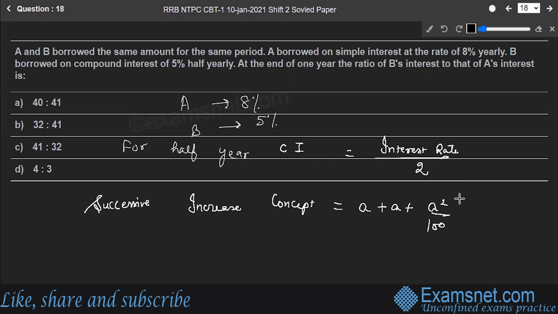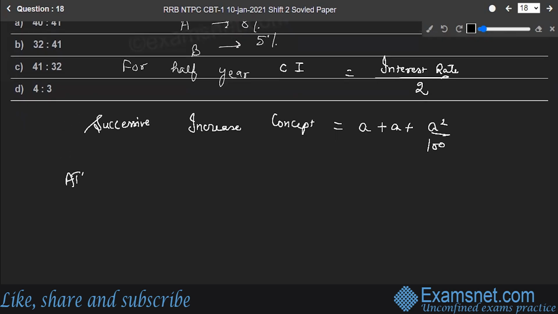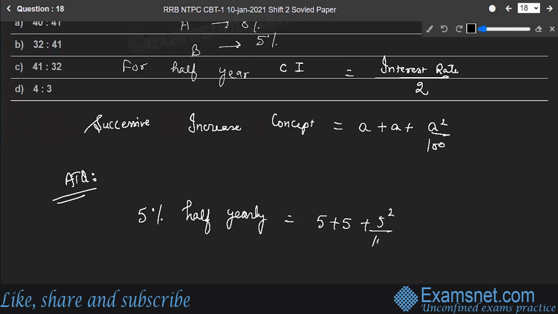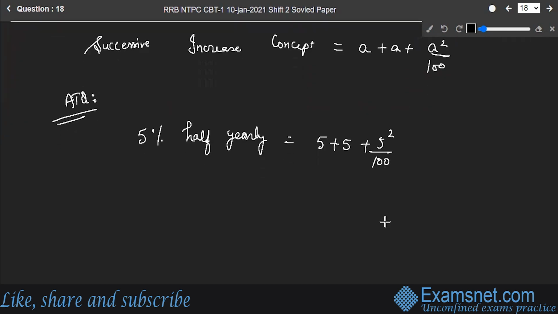So now, according to the question, 5% half yearly will be given by 5 plus 5 plus 5 square upon 100, which is equal to 10 plus 1 upon 4, which is equal to 41 by 4, or this is equal to 10 1 by 4. I'll leave it as such, 41 by 4.